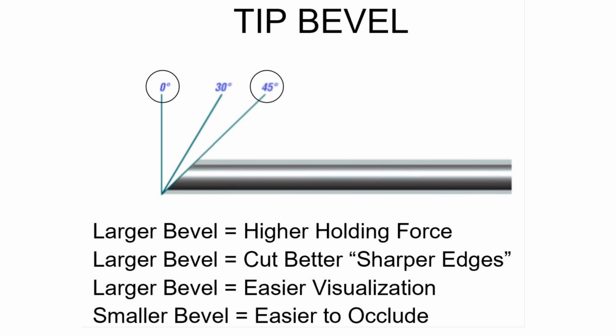Now the choice of the bevel of the tip, that is if a surgeon works with a 45-degree tip, adds to the cutting action or ability of the tip. This is because the 45-degree tip will have a sharper edge and hence its penetration ability into the nucleus would be more compared to a lower bevel tip.